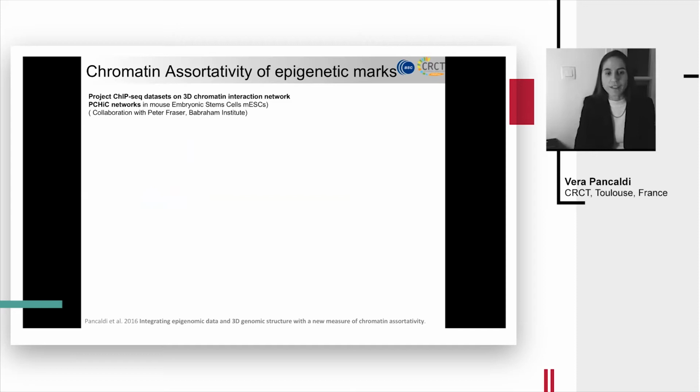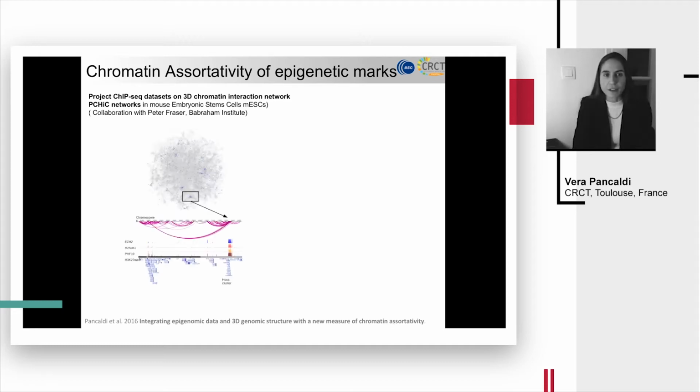So what I did a few years ago was actually develop a method to look at chromatin associativity of epigenetic marks. So we started by having a large set of ChIP-seq on mouse embryonic stem cells. And we collaborated with Peter Fraser, who had just produced a chromatin interaction network, also in mouse embryonic stem cells, using something called promoter capture Hi-C. And I will go back to describing exactly what this is.